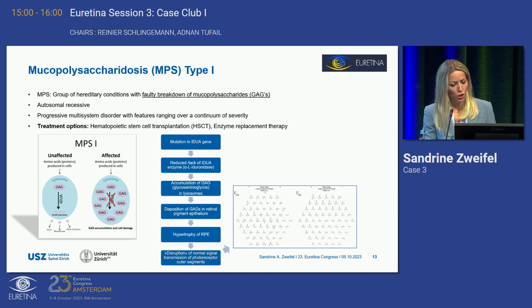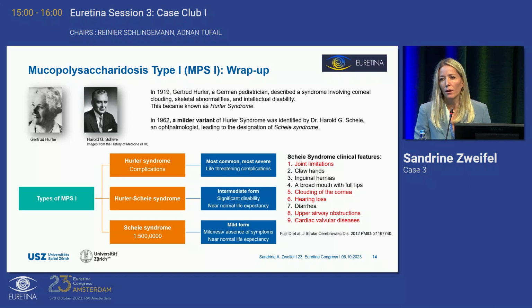It's already shown in the literature that you have this especially foveal accumulation or deposition. Here I show you the different types. So our patient had a so-called Scheie syndrome. And in this syndrome, this is a very mild form. Usually they don't show any, let's say, severe systemic abnormalities. So also intellectually, they have a normal development.